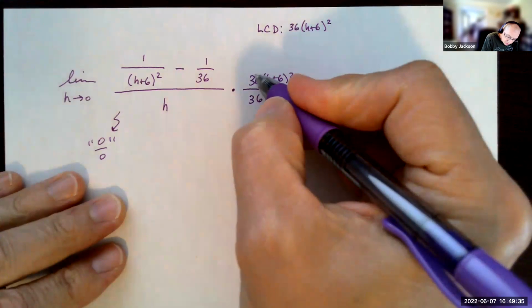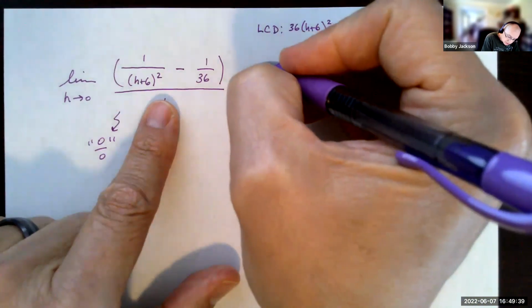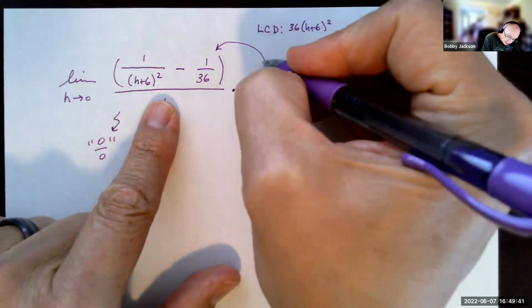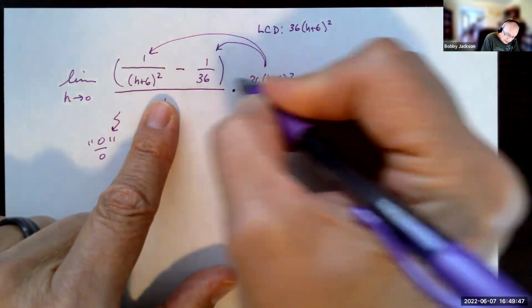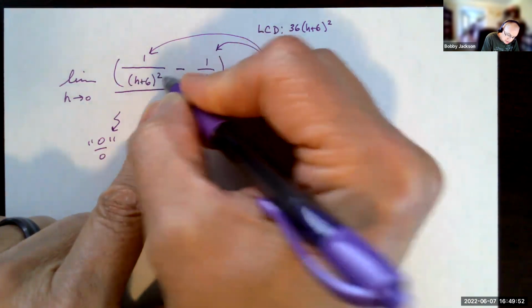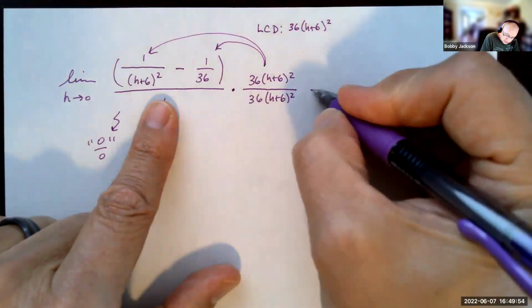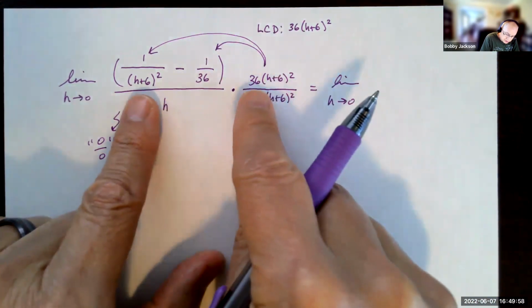But the magic is when I multiply across the top, remember there's parentheses here, I distribute this through, multiplying it by 1 divided by h plus 6 squared, and then minus 1 divided by 36. When I multiply by the 1 over h plus 6 squared, the h plus 6 squareds will cancel out. And so up top, what are we going to be left with? Just 36.